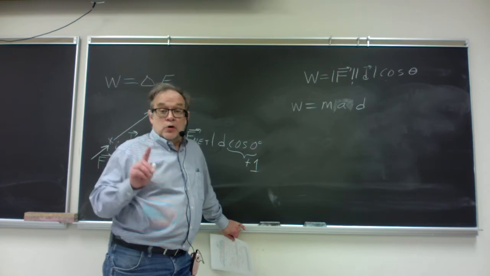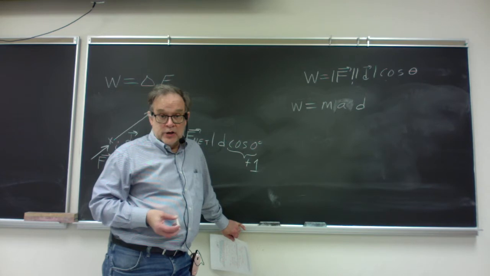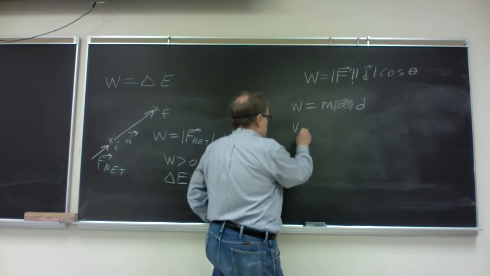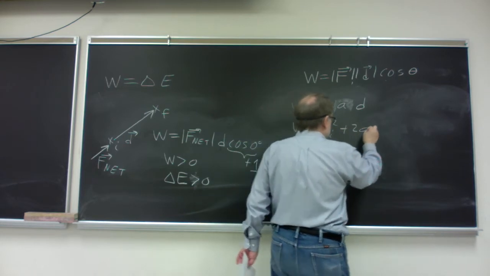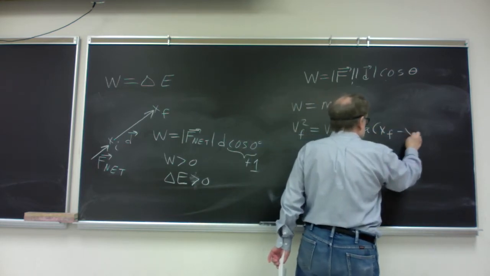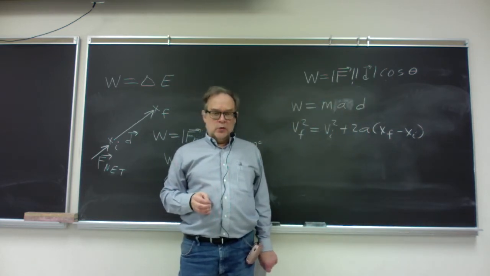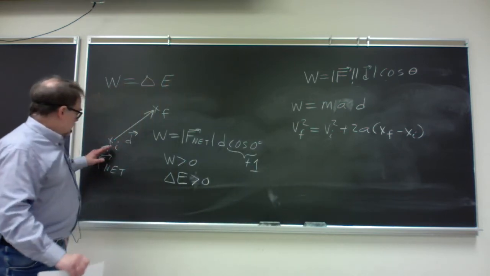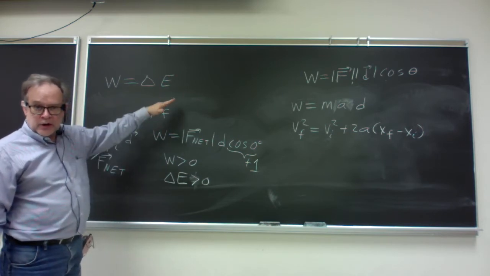All right, now go way back to chapter 2 when we were thinking about those kinematic equations and problem solving. One of the kinematic equations we saw was this one. Final velocity squared equals initial velocity squared plus 2 acceleration times the difference between the initial location and the final location. Now in this simple case, we're just assuming that the object moves along a straight line from the initial location to the final location.